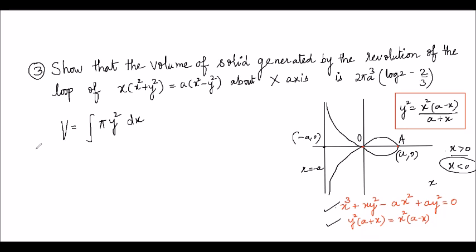The limits will be for this loop, as we have discussed, that this origin has the point, we call it pole in the case of polar curves. In the case of Cartesian curve, we call it as origin. Here x is 0 and at a, x is a. So the limits of x will be here from 0 to a.